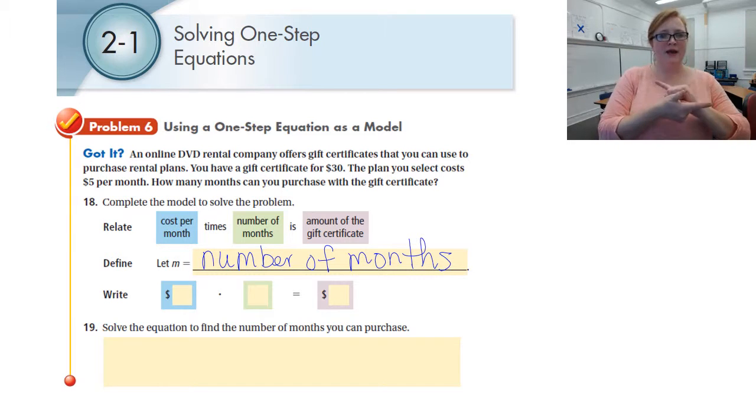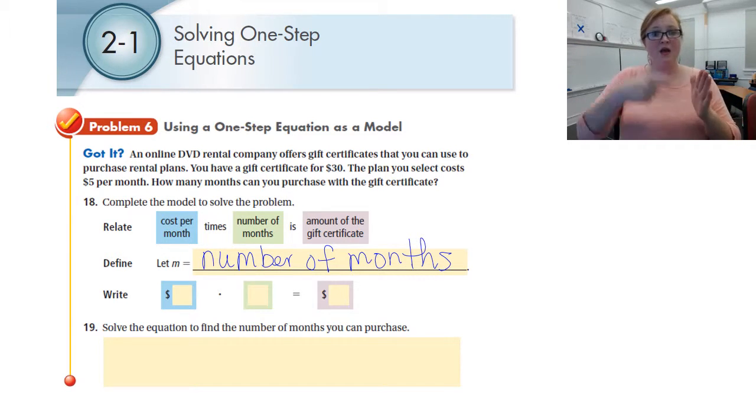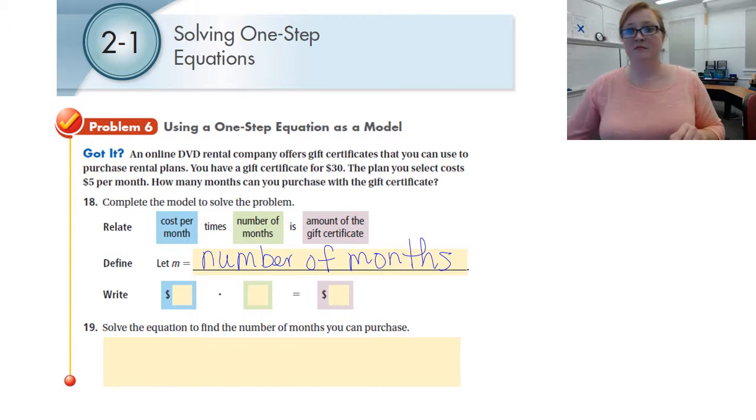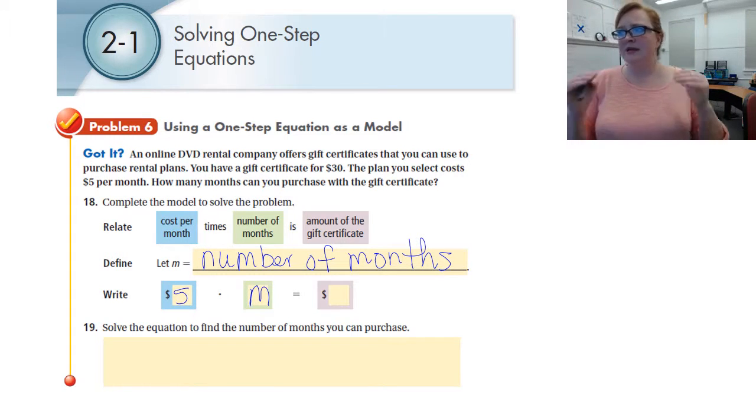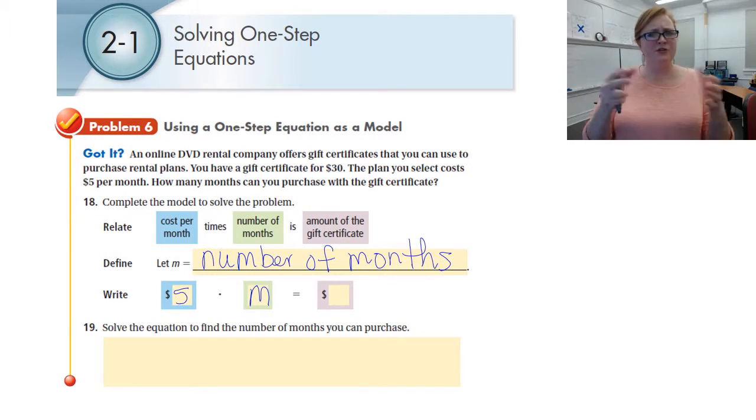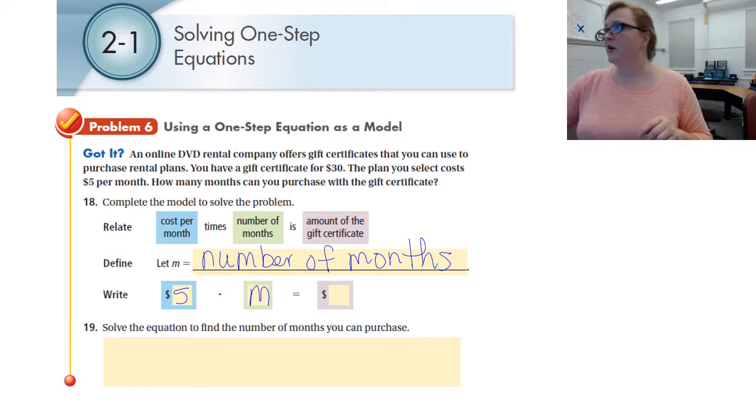Now translate English into math. Cost per month, $5, times number of months, we don't know, variable M, is equal to the amount of the certificate, $30.